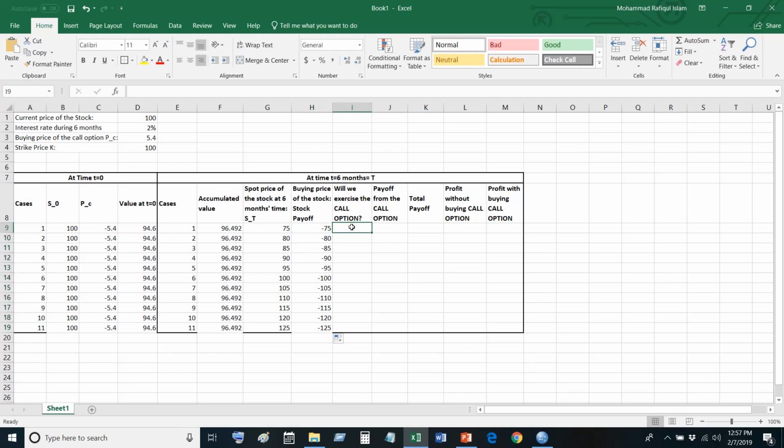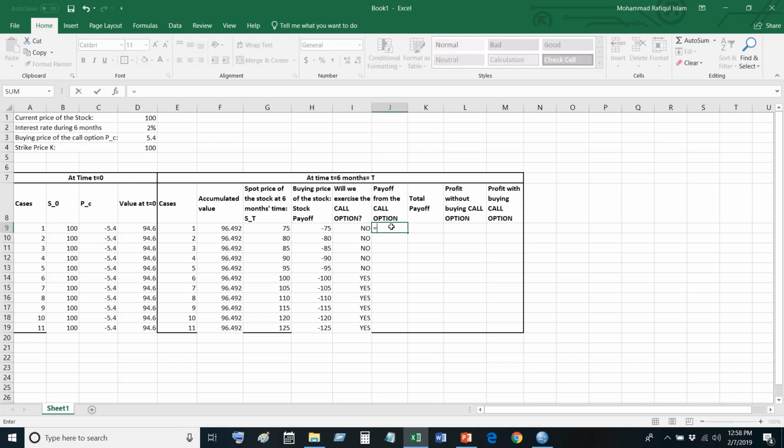Let's find this using this formula. If the stock price is less than the strike price, then we will not exercise the call option, otherwise yes. And what is the payoff from the call option?